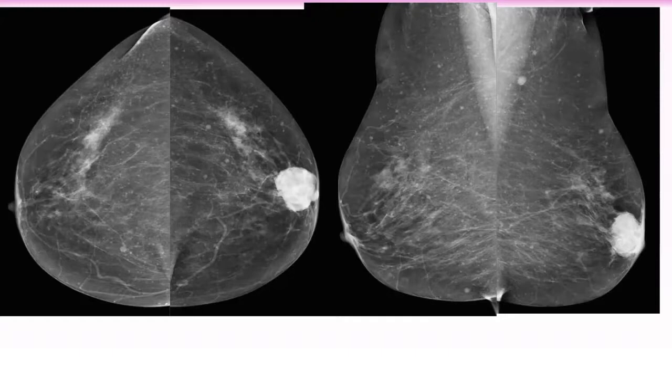There is some spiculation associated with architectural distortion, and a mild skin thickening. So I will put it as BI-RADS 5 for tissue diagnosis. And it was invasive ductal carcinoma.